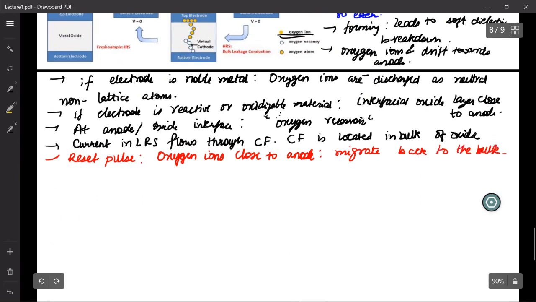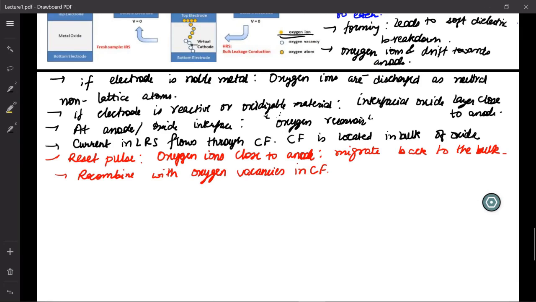And once they reach the bulk and encounter the conduction filament oxygen vacancies, these ions recombine with the oxygen vacancies in the CF, and because of this, the conduction filament dissolves.